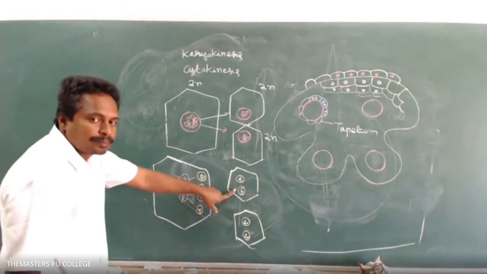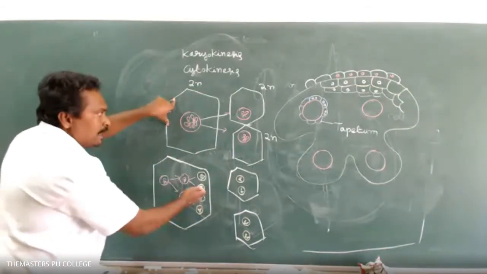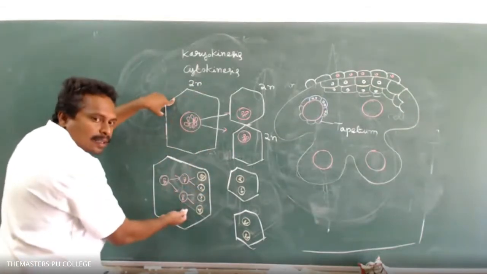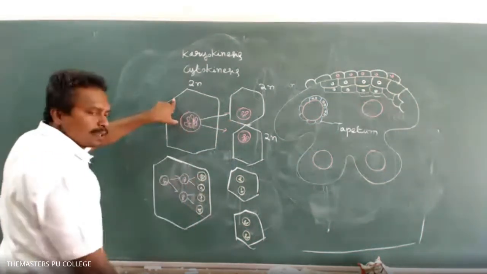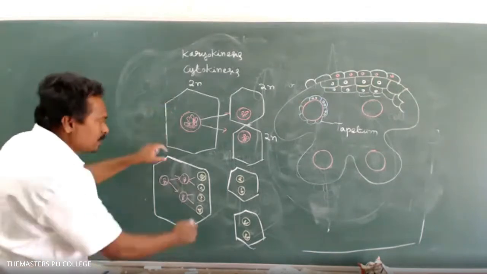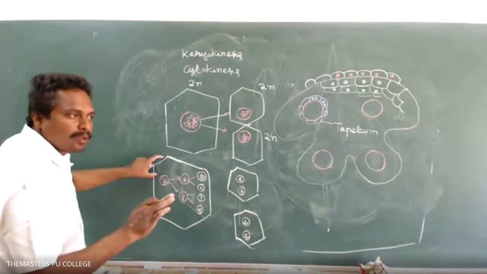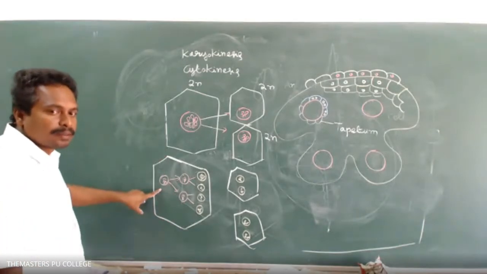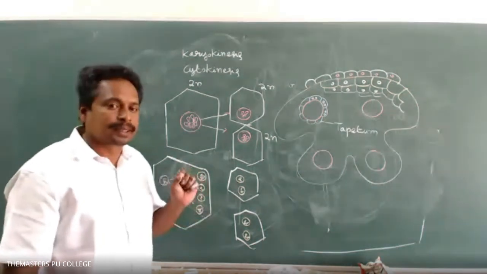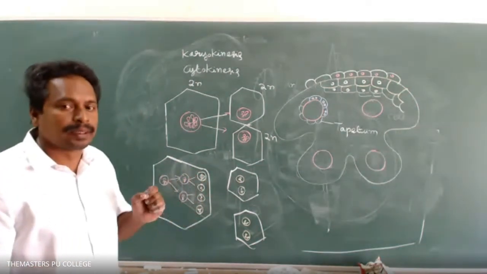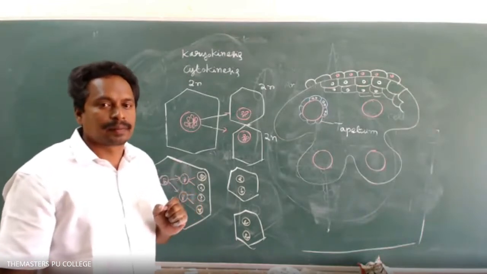Two nuclei. What is the difference between these two cell divisions? In the first, karyokinesis is immediately followed by cytokinesis, whereas in the second it is not. There is no change in ploidy. We will discuss this in detail in cell cycle and cell division.